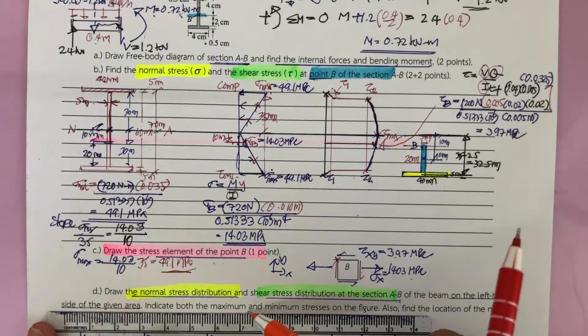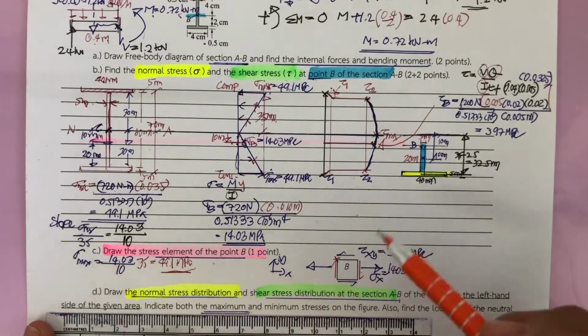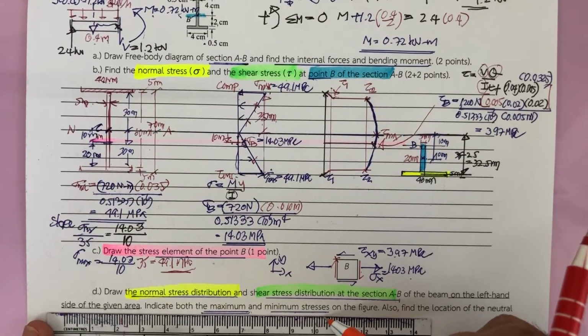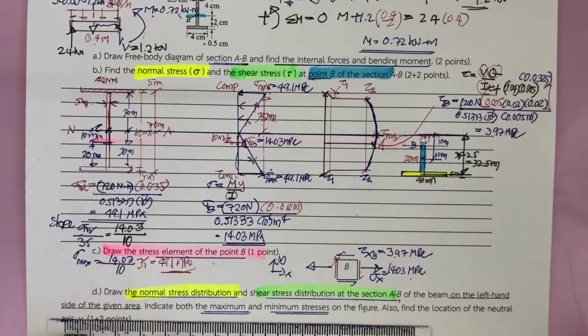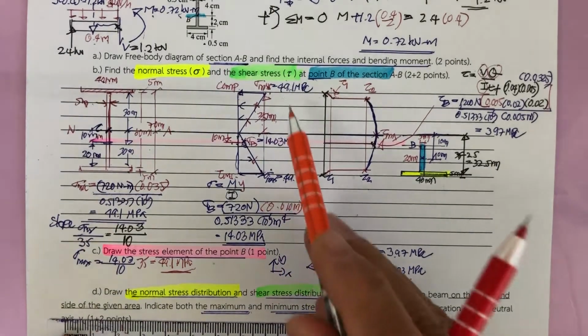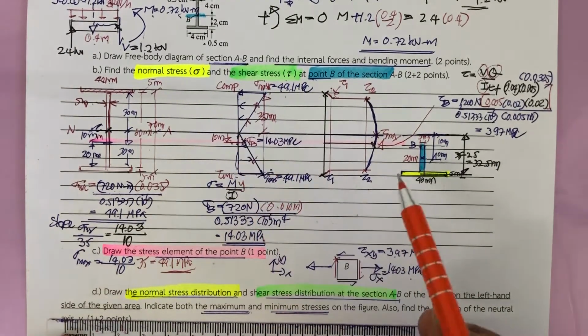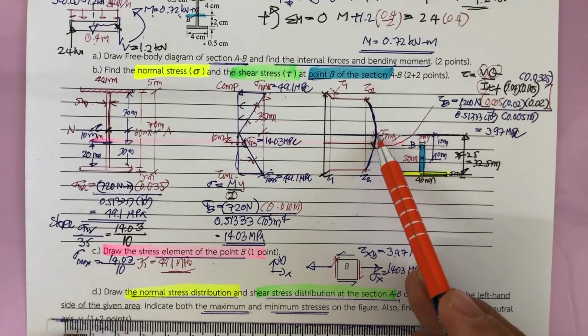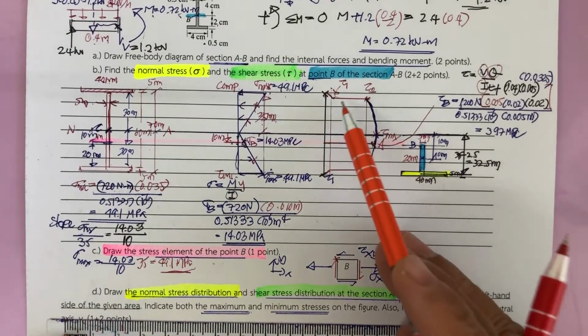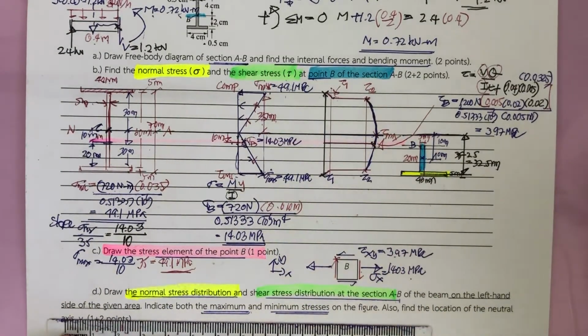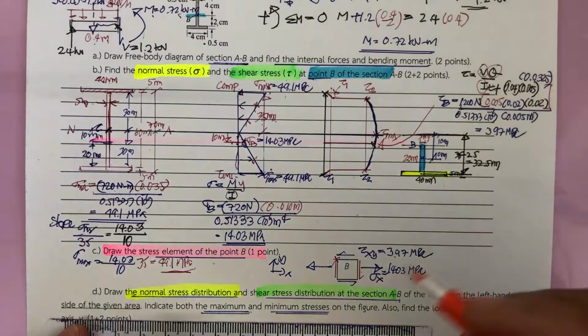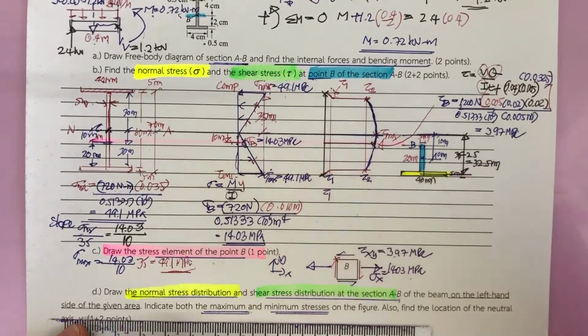Okay. By doing this, they ask us to indicate the stress, maximum and minimum. For this one, the maximum is here. Even though you know the maximum, you still find the tau sub 1 and tau sub 2. Let us start by finding the tau sub 1.